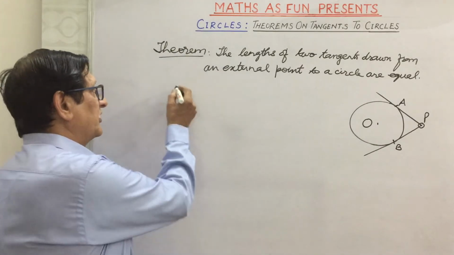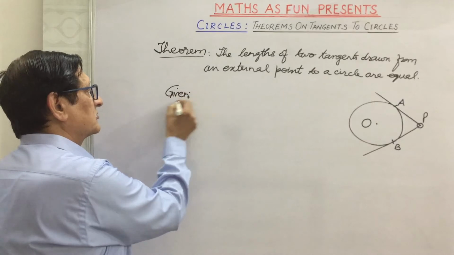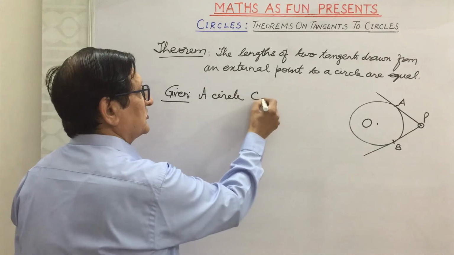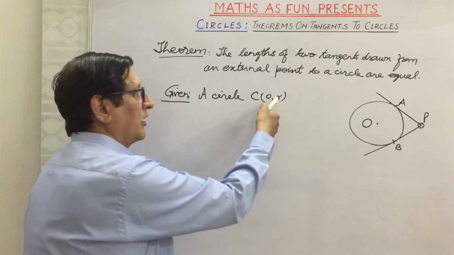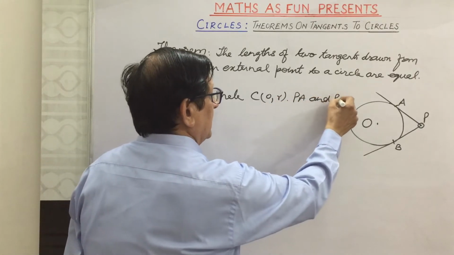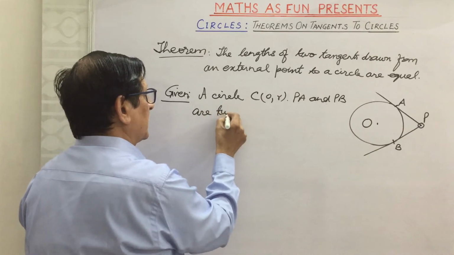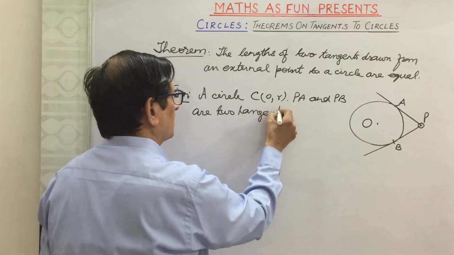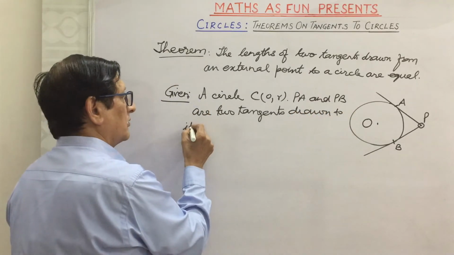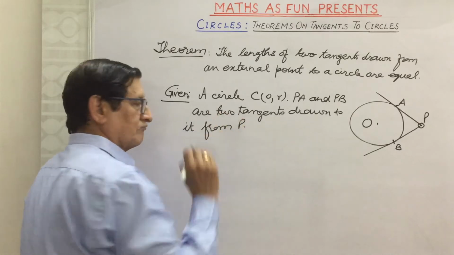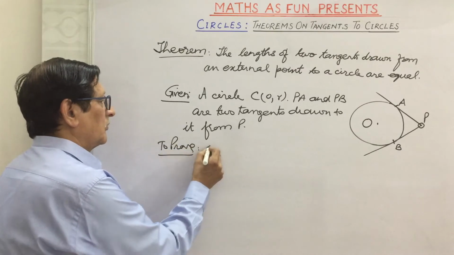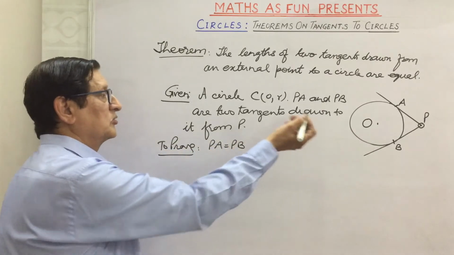To prove this, what we write, given: a circle with center O and radius R. PA and PB are two tangents drawn to it from P. To prove: PA is equal to PB, the length of both the tangents are equal.